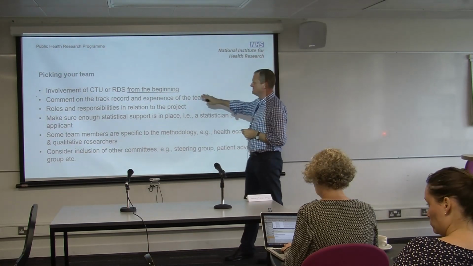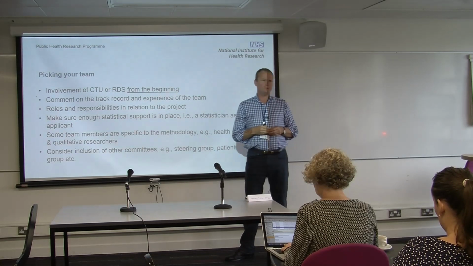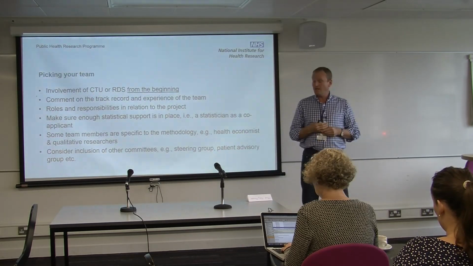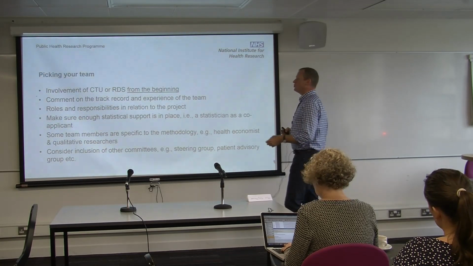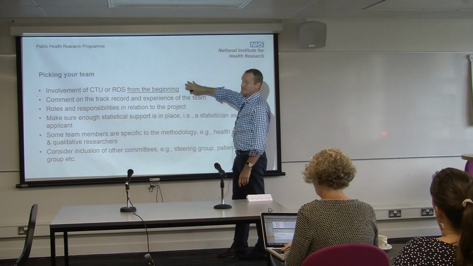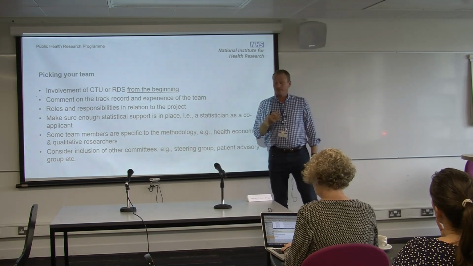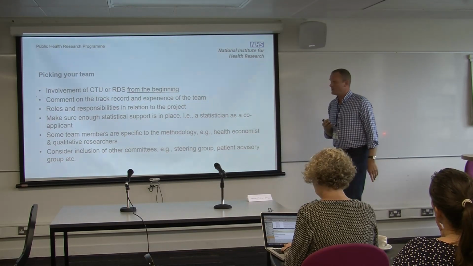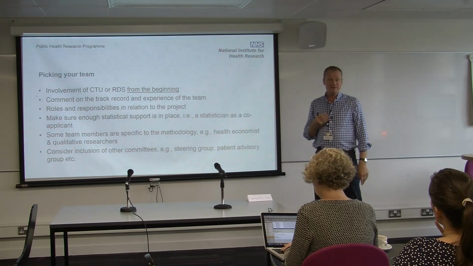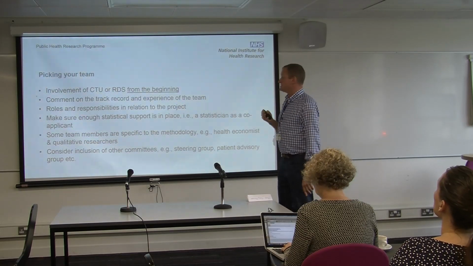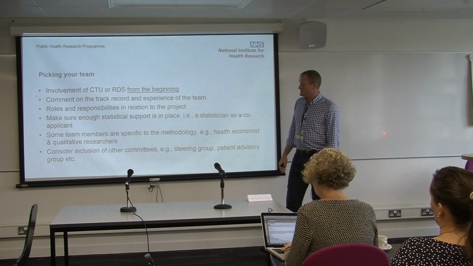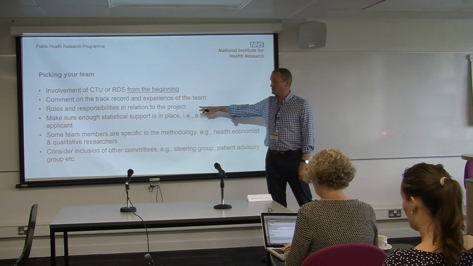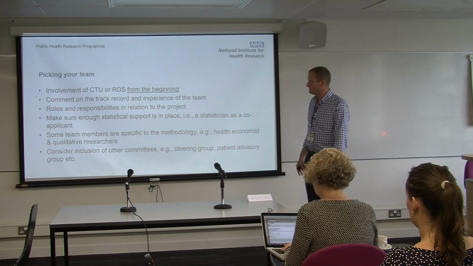We suggest involvement of a CTU or RDS from the beginning, so when you're forming the proposal, we always look for that, making sure that the correct expertise essentially is there as the study is formed. We need to comment on the track record and the experience of the team and their appropriateness and the contribution they will make to this particular piece of work. And their roles and responsibilities need to be outlined.